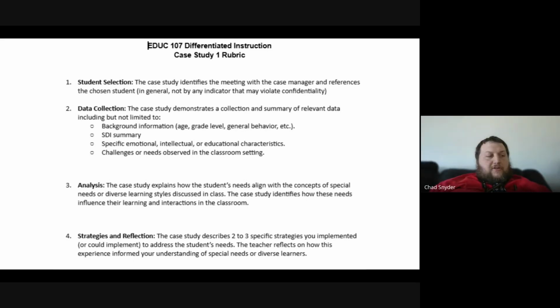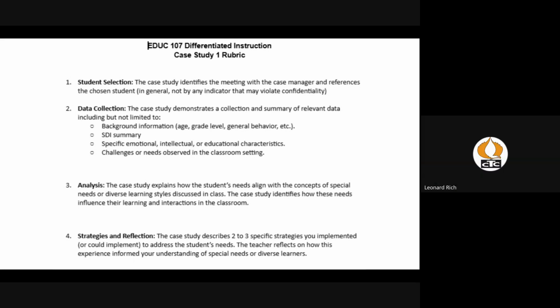Looking at the calendar, it would be the reflective journal 4, because we would meet the 26th, and if you don't attend that one, which we would cancel for Memorial Day, then that reflective journal would be due the 1st. Does that make sense for everybody? So I got half of that.